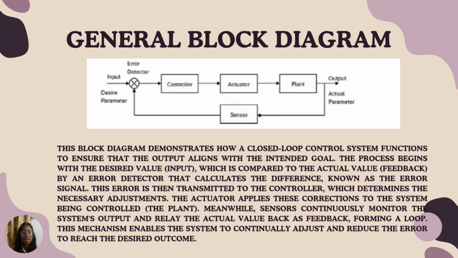This error is then transmitted to the controller, which determines the necessary adjustments. The actuator applies these corrections to the system being controlled, the plant. Meanwhile, sensors continuously monitor the system's output and relay the actual value back as feedback. Forming a loop, this mechanism enables the system to continually adjust and reduce the error to reach the desired outcome.